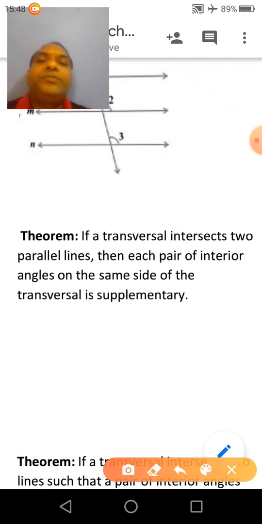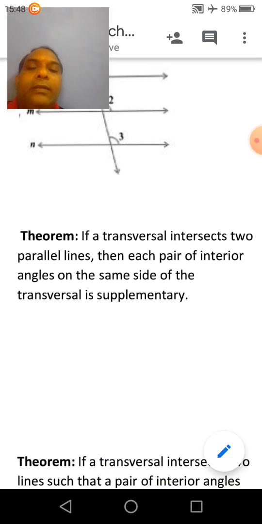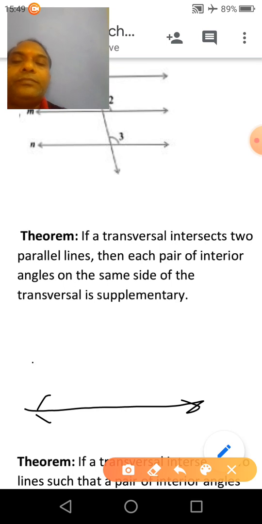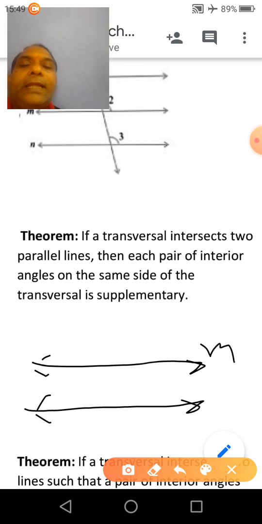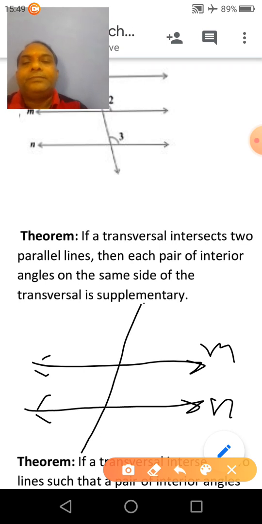See here, if a transversal intersects two parallel lines, so here line L, line M and line N, these two lines are parallel, and a transversal line L. Clear?